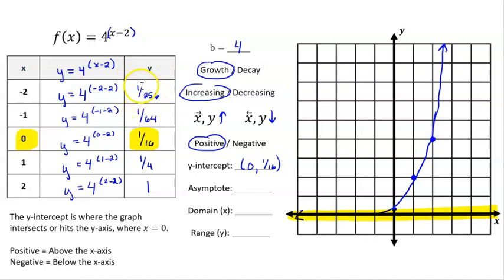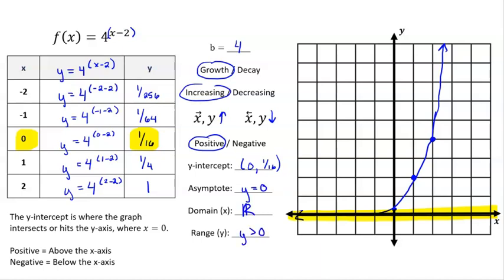But we can see that that 1 on top in the numerator is never going to go away. So our asymptote is still going to be 0. All real numbers, it goes to the left forever, and then it's going to be y is greater than 0 for this one.